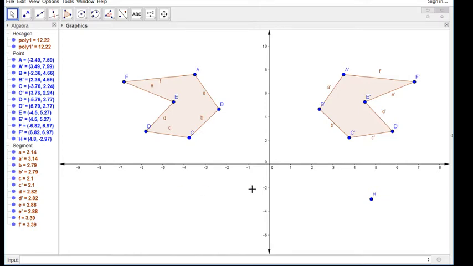So when I reflected my object over the y-axis, my x values changed. Taking a look, this x value for A is negative 3.49. When I flipped it over the x-axis, or excuse me, flipped it over the y-axis, it became positive 3.49. And the same could be said for the rest.